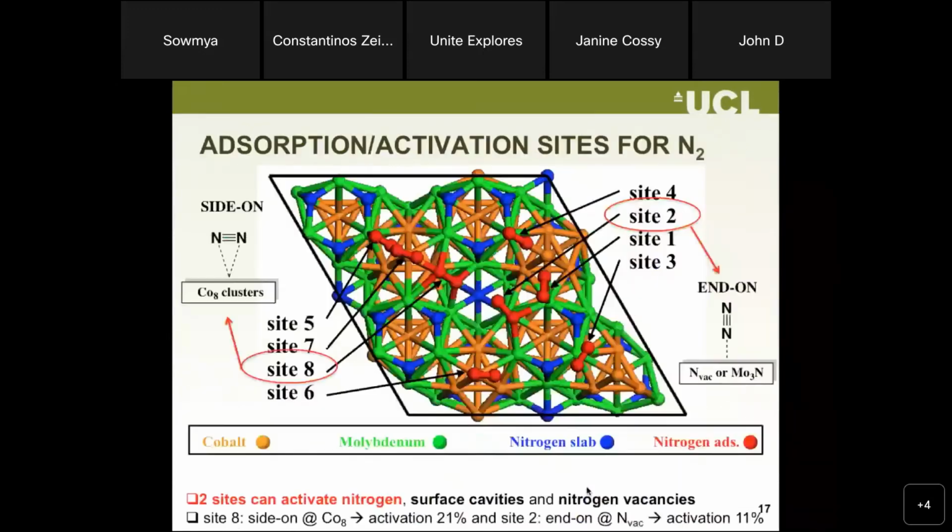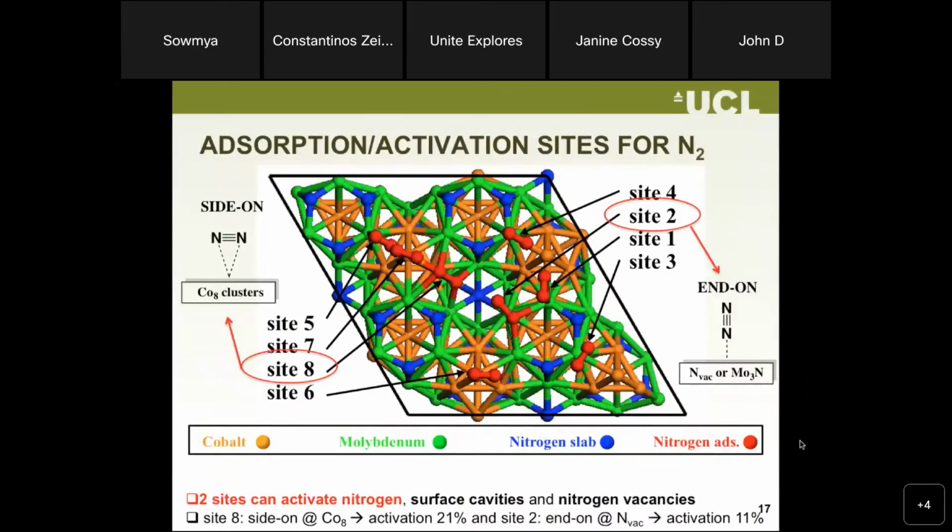So we then took this surface and we adsorbed nitrogen to the surface at all the symmetry unique positions. It was quite a big unit cell that we had modeled, and this resulted in 8 sites at which nitrogen could adsorb, and only at some of these sites would it become activated.